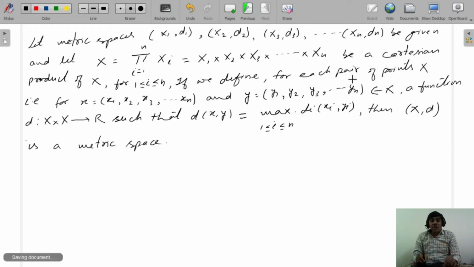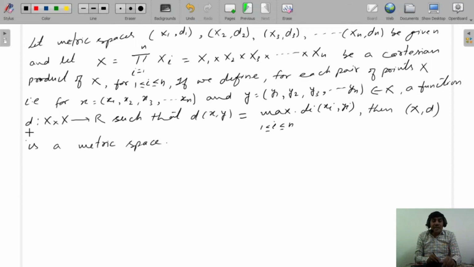If we define for each pair of points of capital X, suppose small x, small y belongs to capital X, then small x is equal to (x1, x2, x3, xn), and small y is equal to (y1, y2, y3, yn), where x1, y1 belong to capital X1, x2, y2 belong to capital X2, x3, y3 belong to capital X3, and so on.